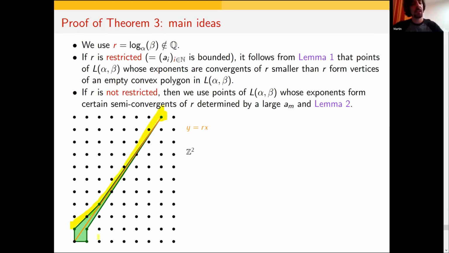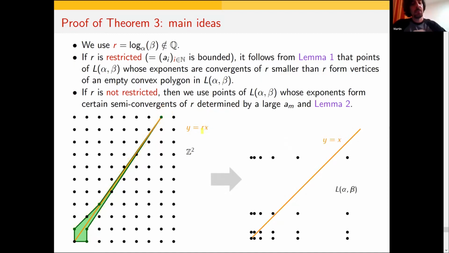One is above the line. The other one is below this line. So that the area between them, the green one, is empty of points. So there is no lattice point which is inside the green area. And this is because these convergents are the best rational approximations of r. So then I am obtaining this empty, not necessarily convex, but this empty area, which is formed by two opposite convex chains.